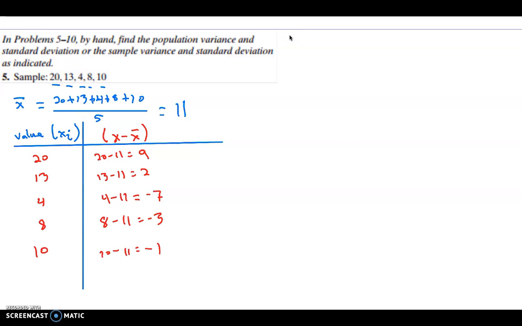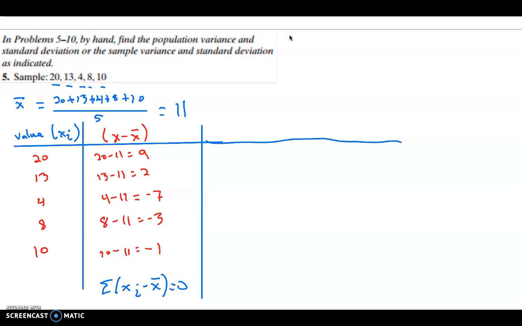Okay, now we've got all of our deviations, and notice if you were to add them all up, the sum of x sub i minus x bar is equal to 0. Then we're going to look at the deviations squared.